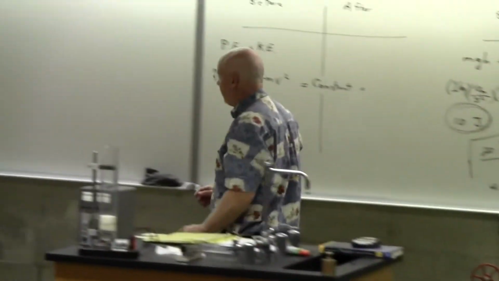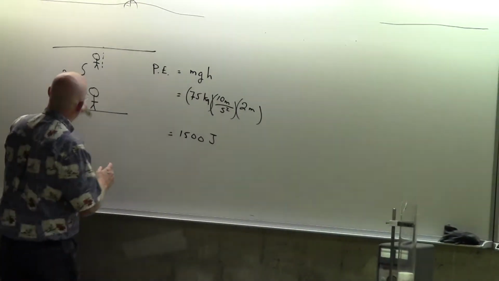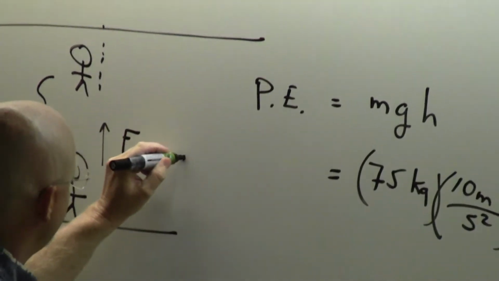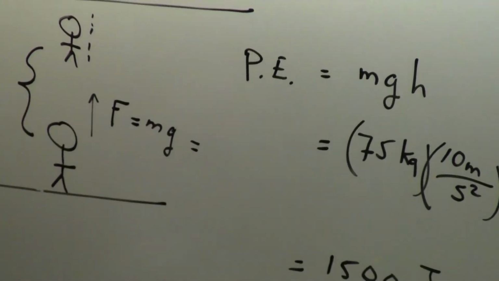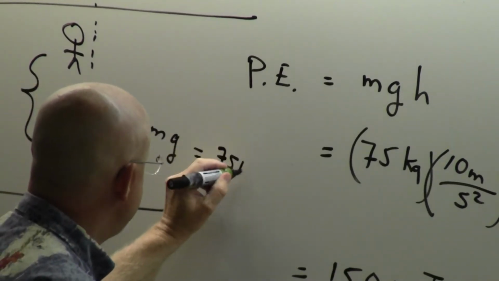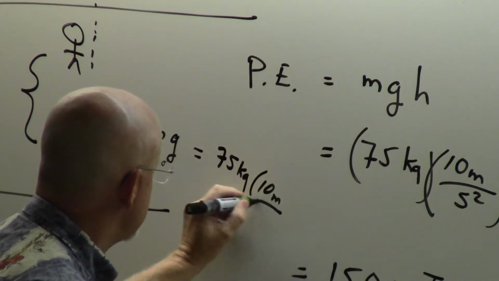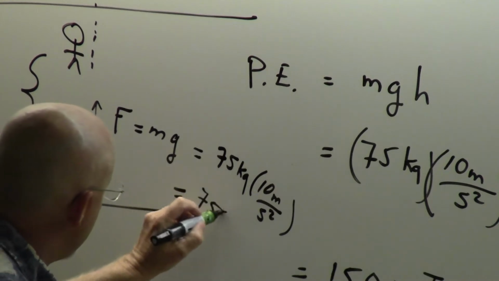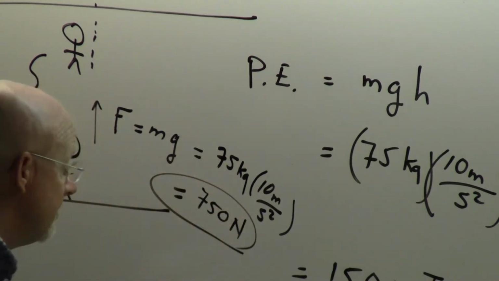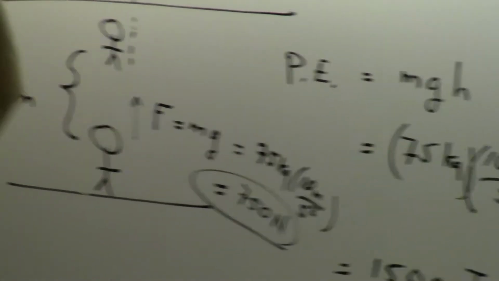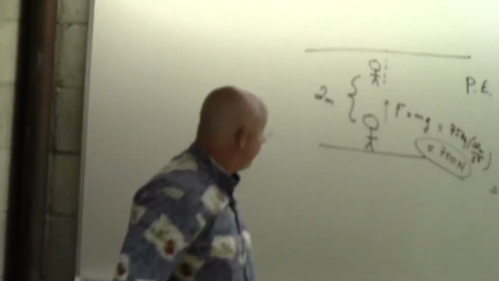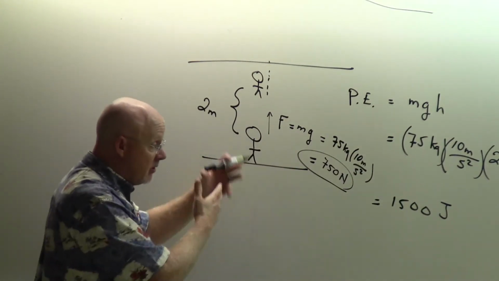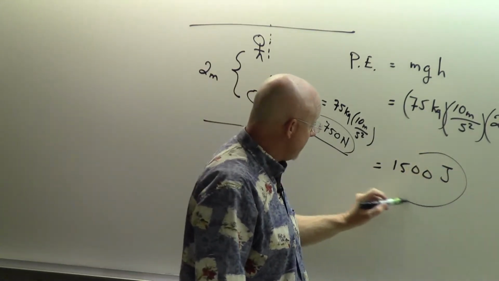If I were to try to lift myself straight up, the amount of force would have to equal mg, which in my case, as I said, is 75 kilograms times 10 meters per second squared. So I would have to apply 750 newtons of force for however long it takes me to go 2 meters up the rope, and I would burn this much energy.